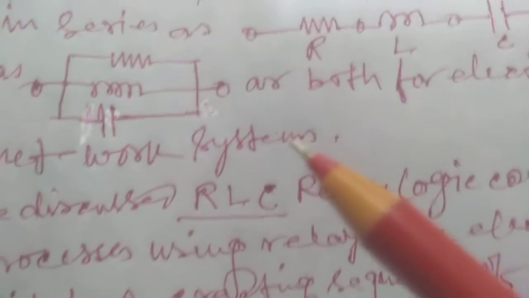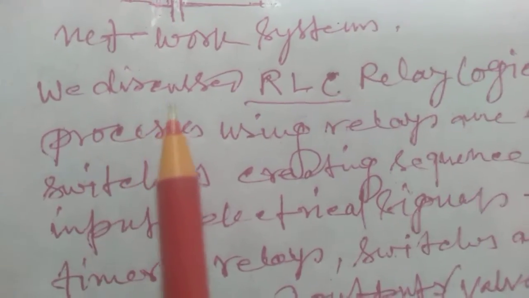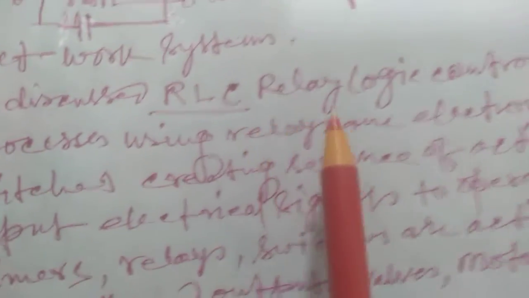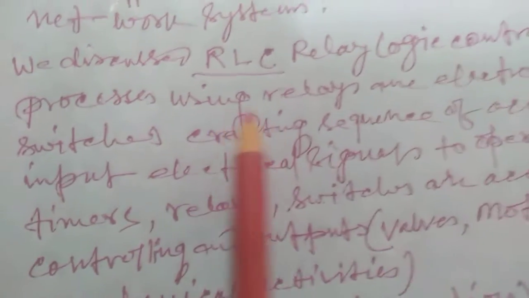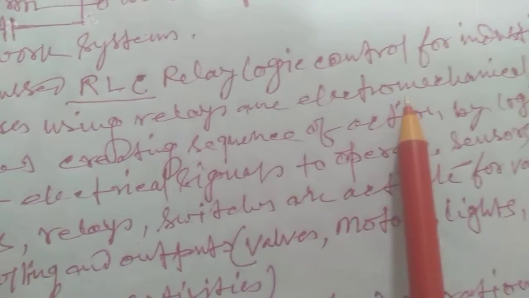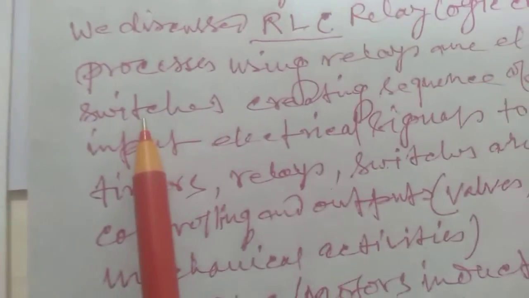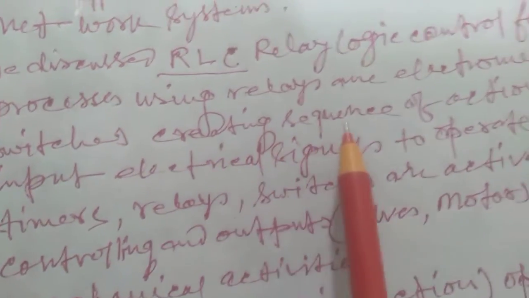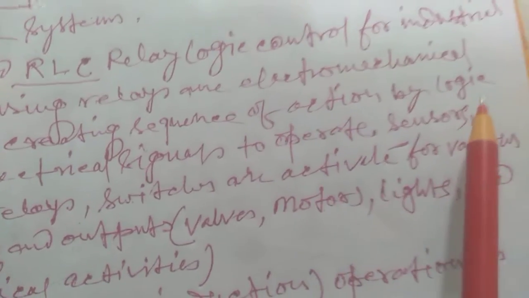And for other industrial automation and control, we discussed RLC, relay logic control for industrial process using relays and electromechanical switches, creating a sequence of action by logic.